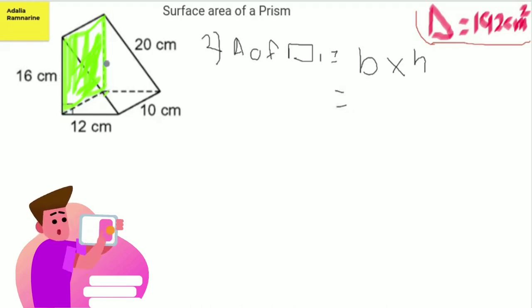Now we're going to find the base and the height of the rectangle. The base of this rectangle will be 10 cm and the height of the rectangle will be 16 cm.